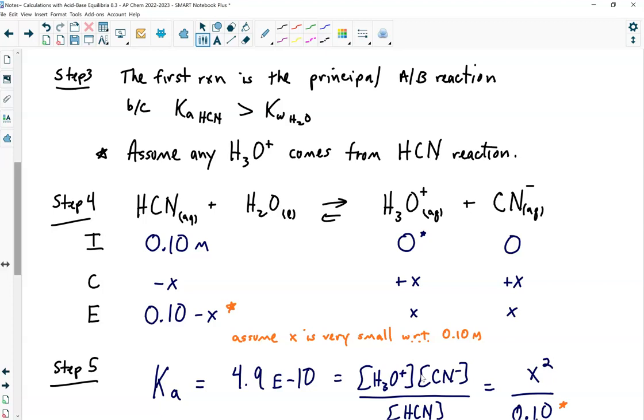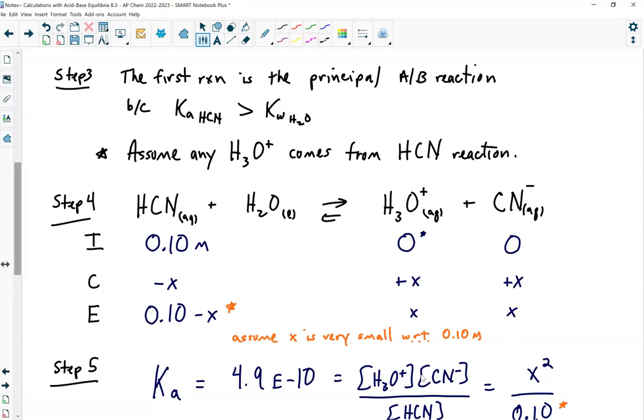Again, 1-to-1 mole ratio. So the acid's going to go down by X, H3O and CN minus are going to go up by X, and so the final concentrations at equilibrium are 0.10 minus X, and then X and X. And here's one of these cases. In these acid-base equilibria, you're going to assume that X is very small with respect to the initial concentration of your acid.